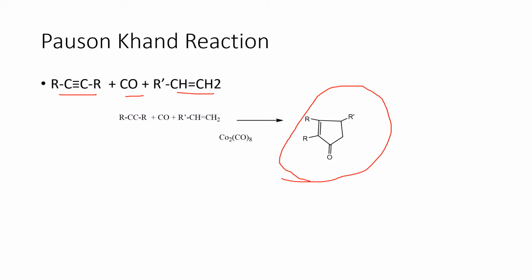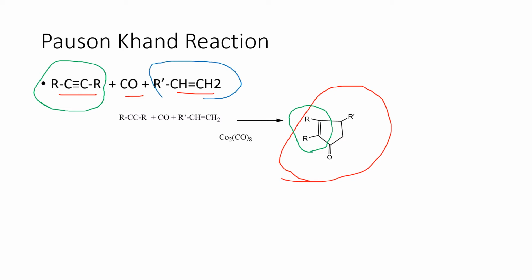You know clearly that the part having the double bond in the product is in fact coming from the alkyne. So the alkyne is responsible for the C double bond C part of the product. The carbon monoxide, of course, is clearly recognizable, and the alkene becomes the saturated moiety in the final product.